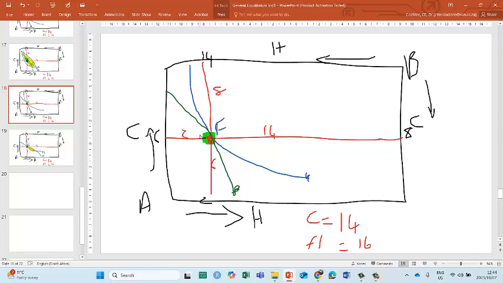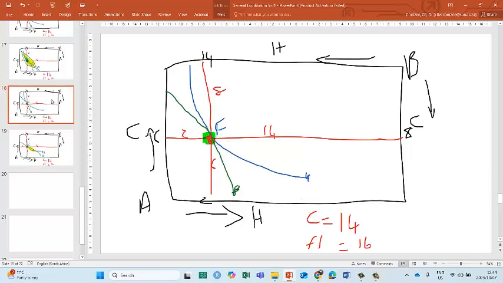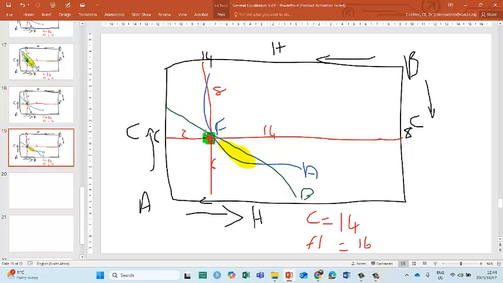But that's not always going to be the case. Let's assume a situation like this. You have the same initial allocation, but your indifference curves don't form a tangent at F. They cross at F, indicating their initial allocation, but you still have the space between the two indifference curves.